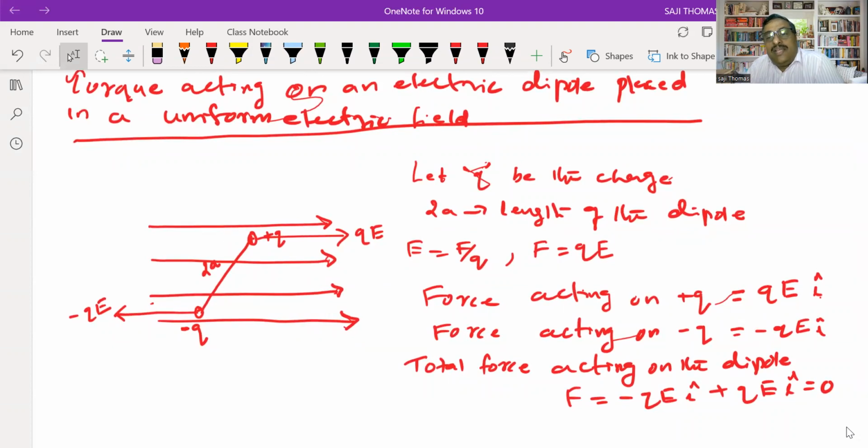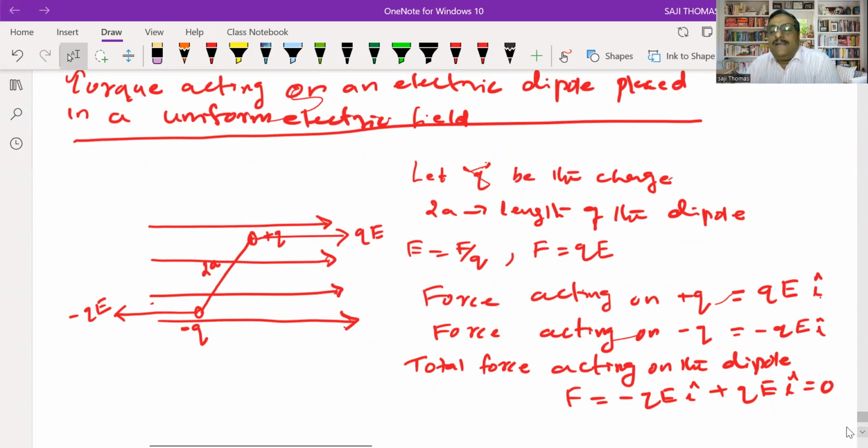But remember, if the dipole is placed in a non-uniform electric field, there will be a net force, because the forces on individual charges will not be equal in magnitude.